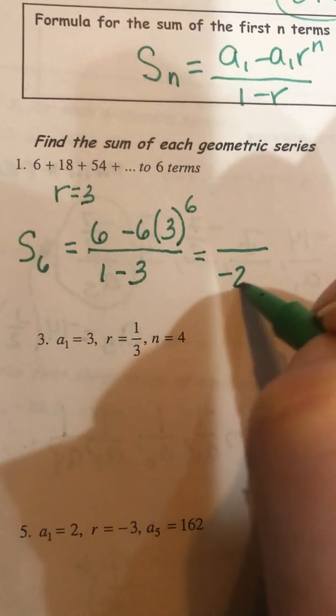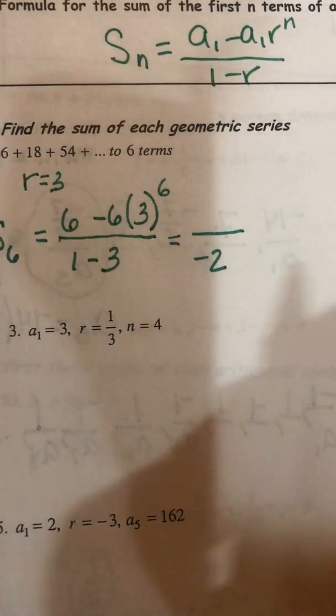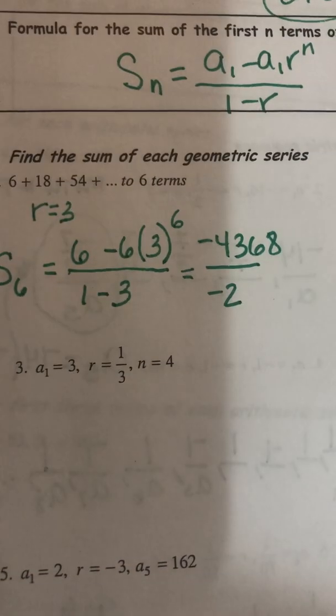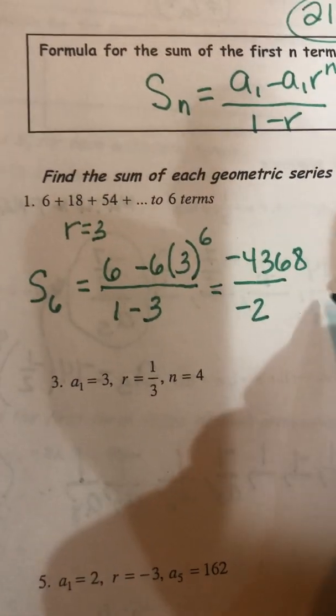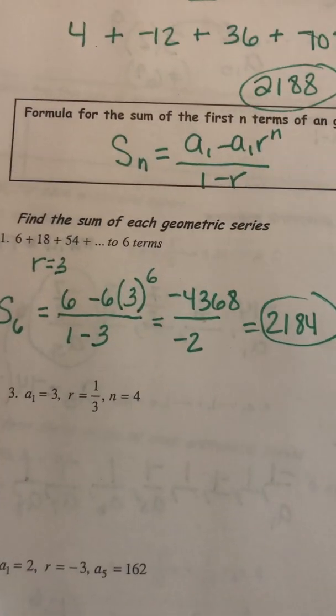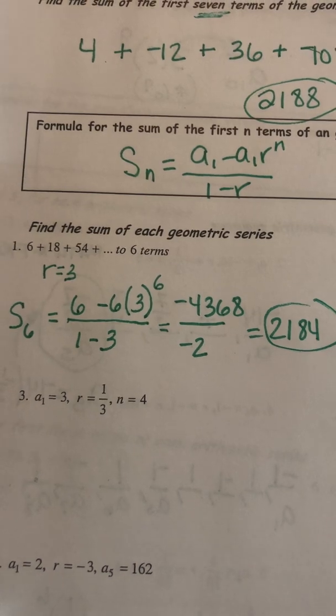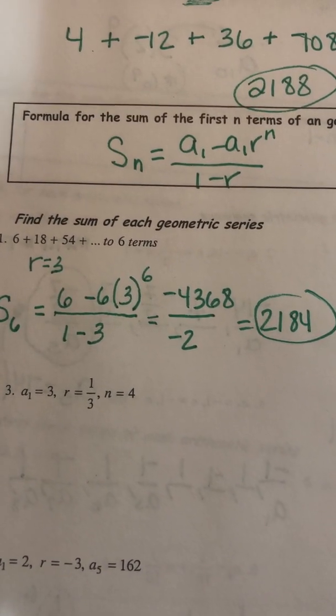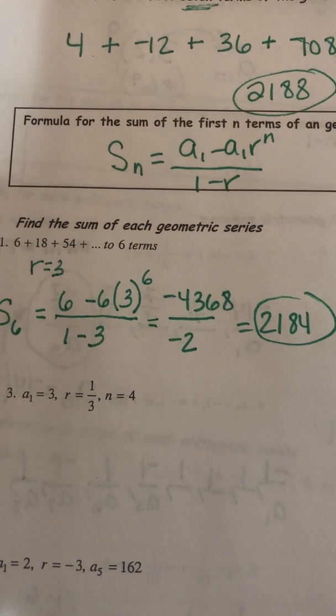Sometimes I put the numerator in the calculator and then the denominator and then divide them. So if I put the numerator in the calculator, I'm going to get that. And then I can divide that, 2184. And even though that's a little bit of a more intense formula, I think it's easier than writing out all 6 terms and adding them up. A sub 1 minus a sub 1 r to the n over 1 minus r.